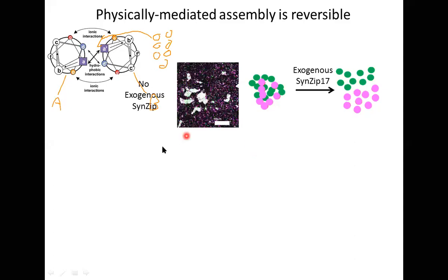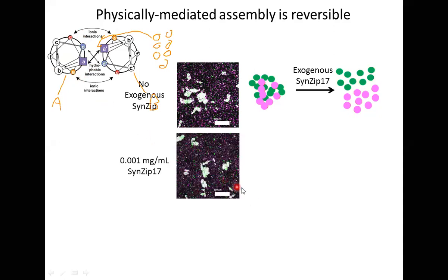Well, if you make your aggregates and you do not add any exogenous syn-zip, in other words, you do not add any of these leucine zippers from the outside, you get something that's about 70 or 80 microns wide. It's a little bit less large than those held together with SpyTag and SpyCatcher because this is a weaker interaction than a covalent bond.